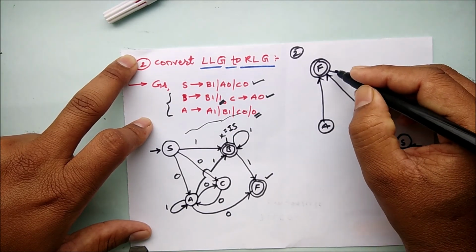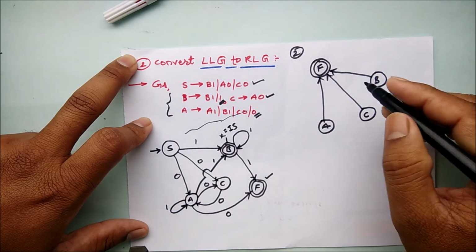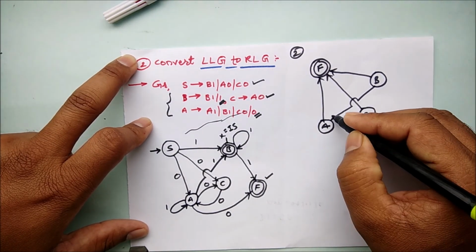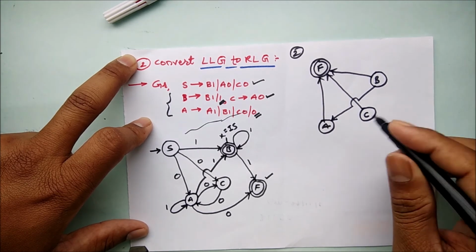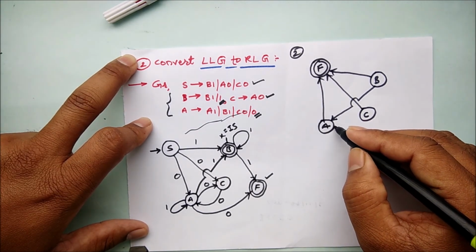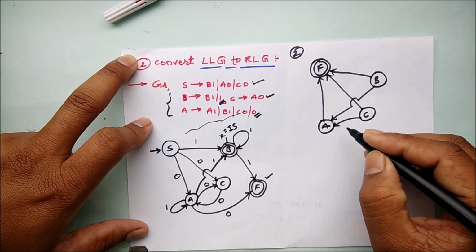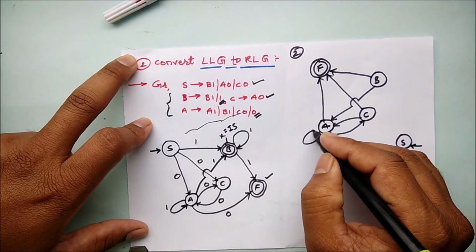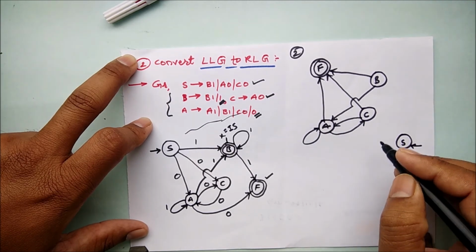So this will be transiting from B to A. So this will transit here, and this will transit here, right? Self loop, no, there isn't any.